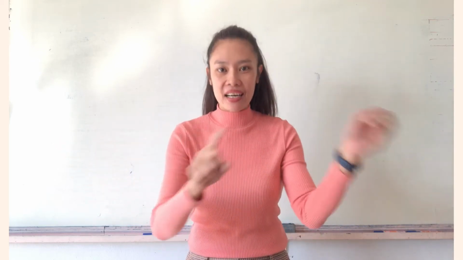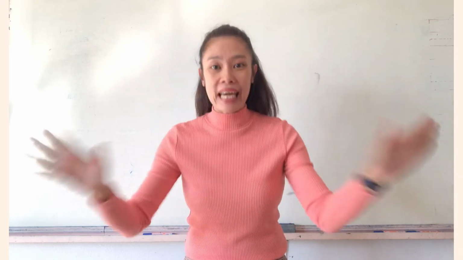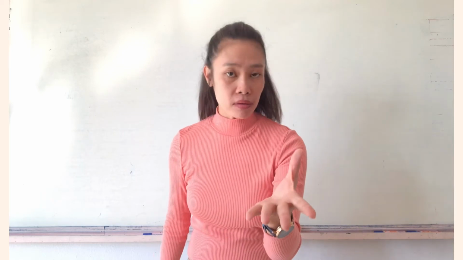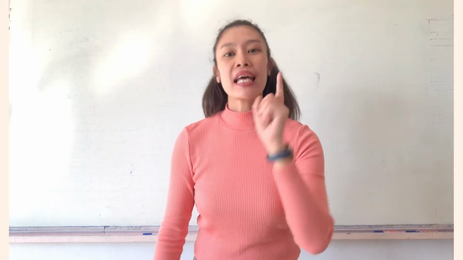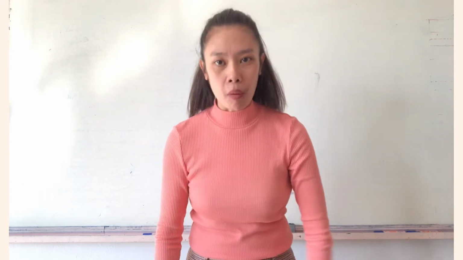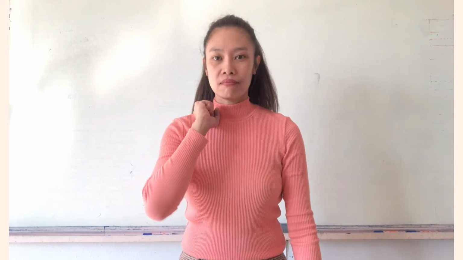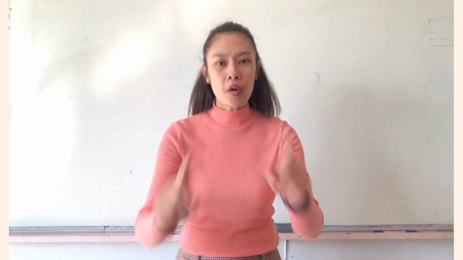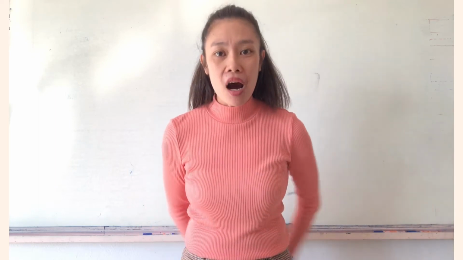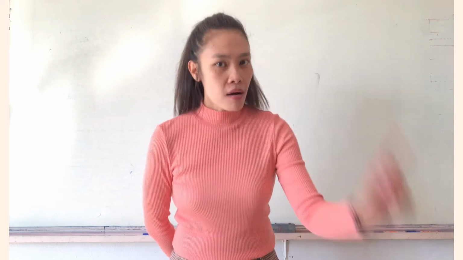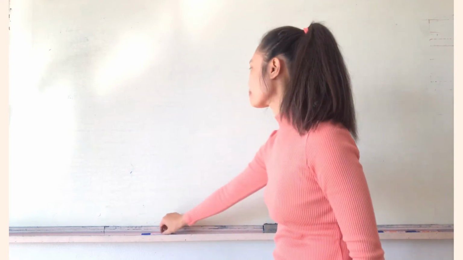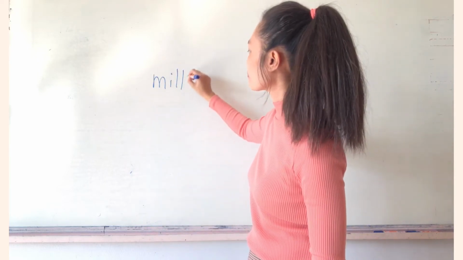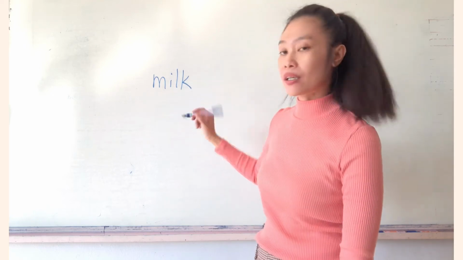We cannot count 1, 2, 3, 4, 5. How do we know if a noun, if a thing is uncountable? If we cannot write S or ES at the end of the word. For example, milk.